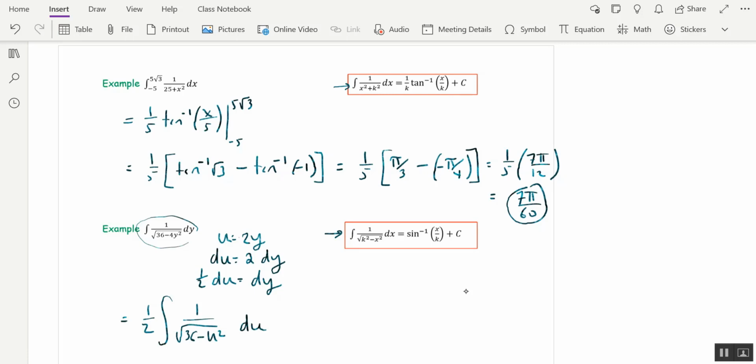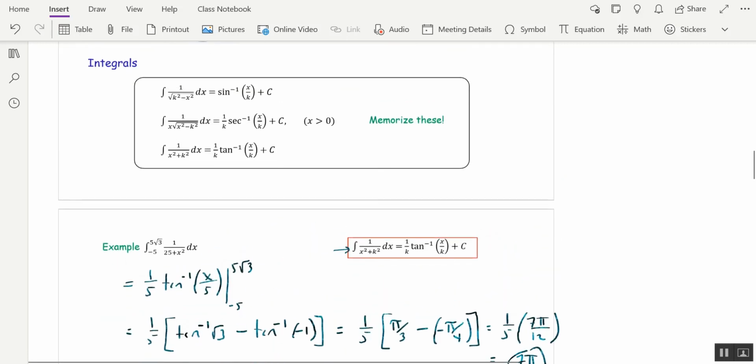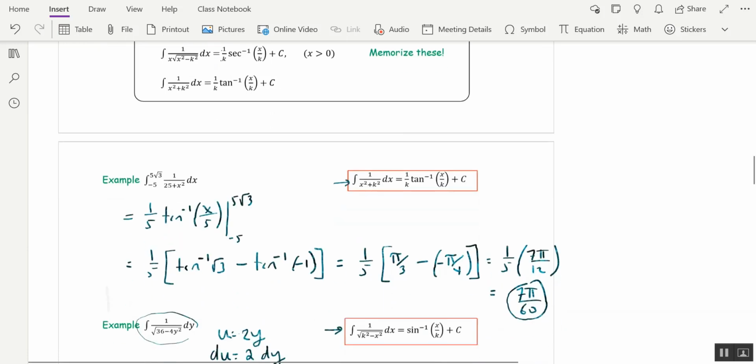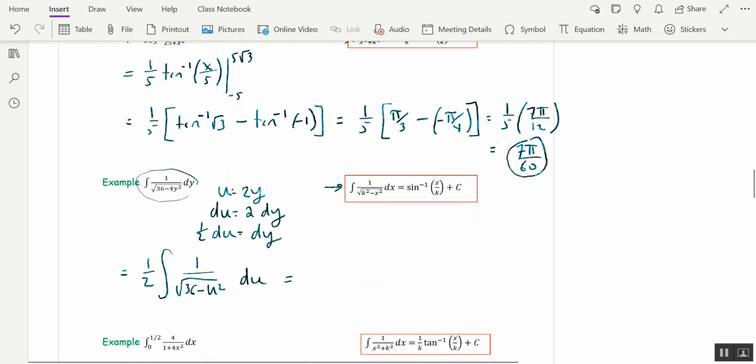Now I can use the formula from my Bible. And I wanted to mention one thing. Of these three formulas, there's only one without a 1 over k out front. The other two have a 1 over k out front. And the one without the 1 over k out front is sine inverse. So this one, we're not going to pull out a 1 over 6. This is just going to be 1/2 sine inverse of u over 6 plus c.